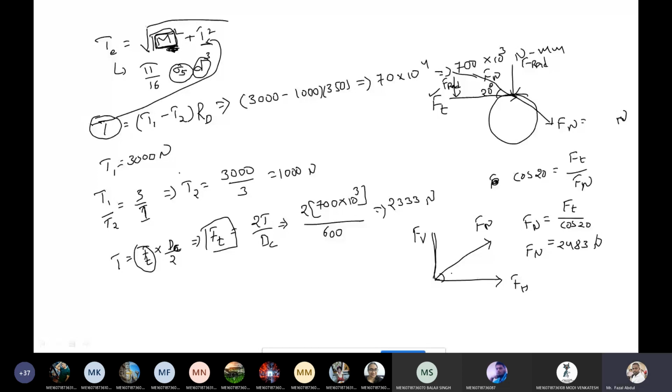Don't consider Ft as horizontal and Fr as vertical here. These two forces act in this manner.